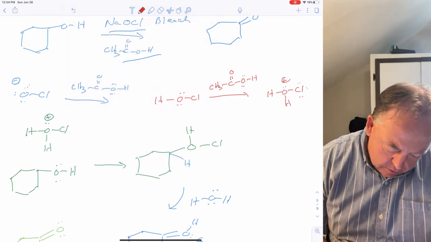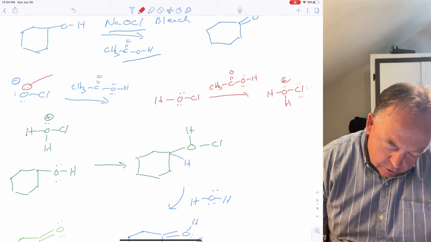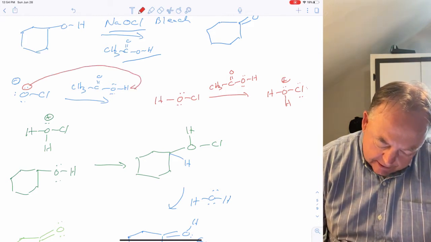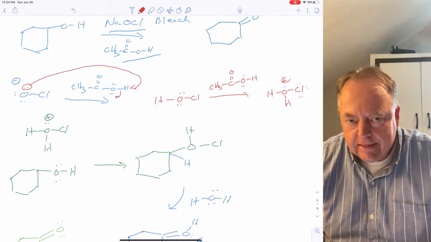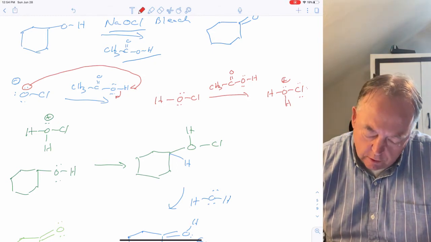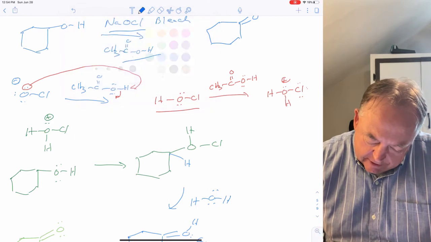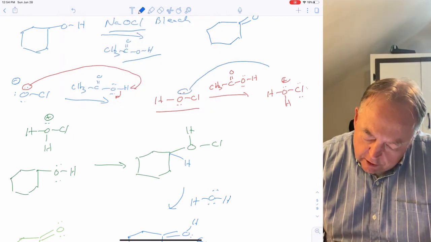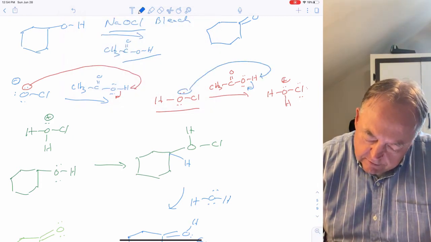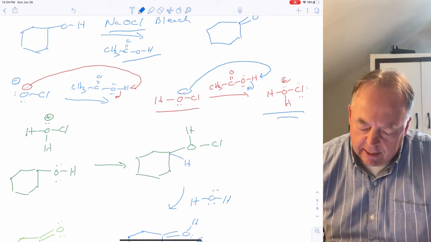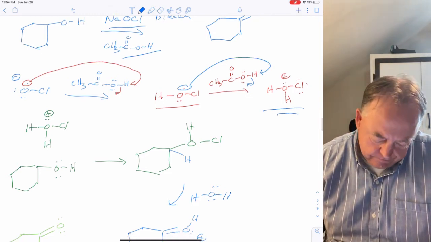Okay, so hypochlorite will just pick up a hydrogen from the acetic acid. So acetic acid's an acid, so it's going to protonate the hypochlorite, and you make HOCl. And then that's going to react again to pick up another proton from the acetic acid. So you make this, and then that's what's going to react with your alcohol.